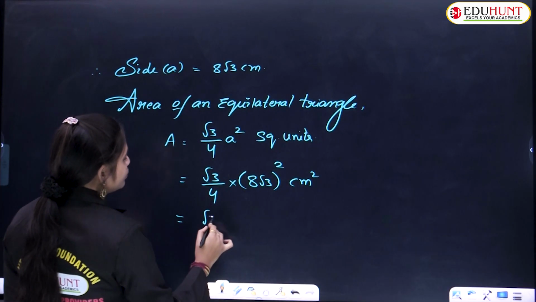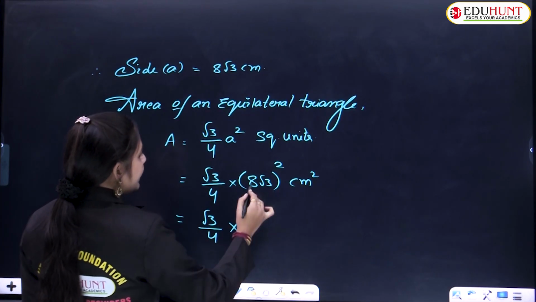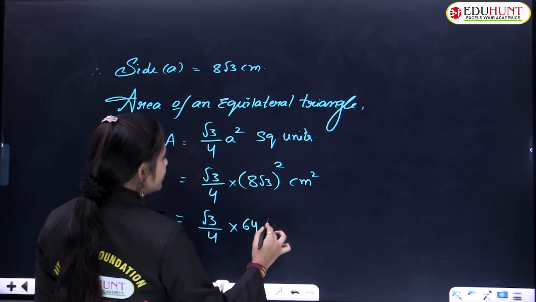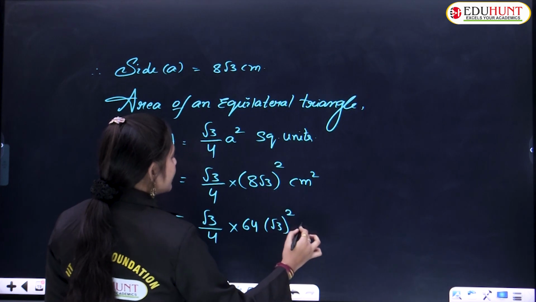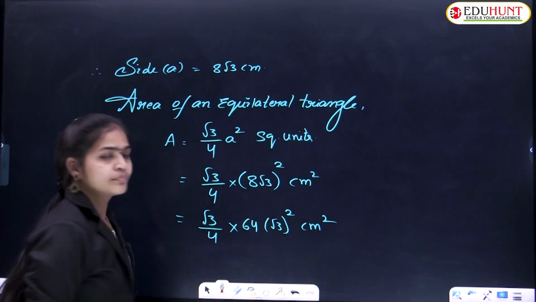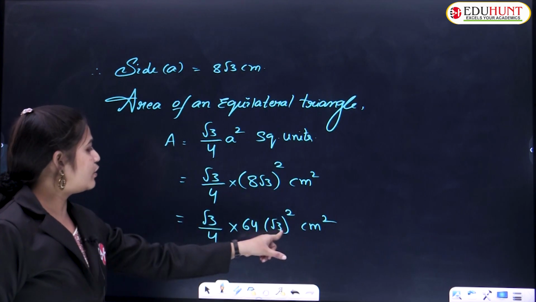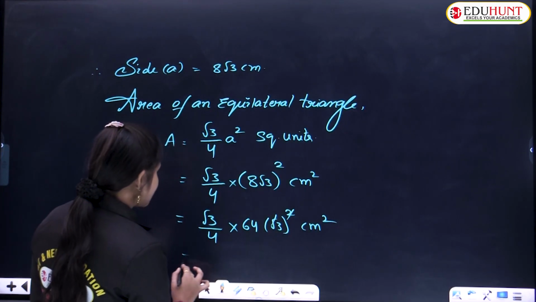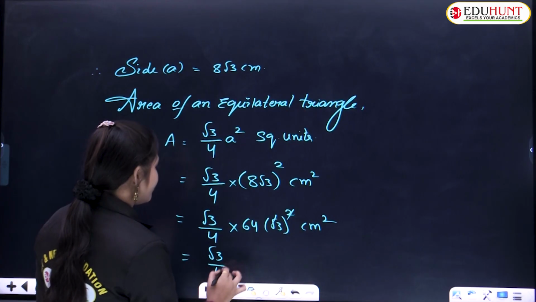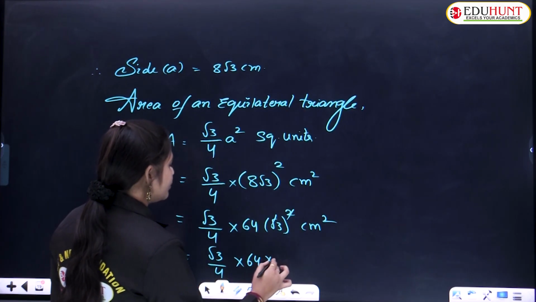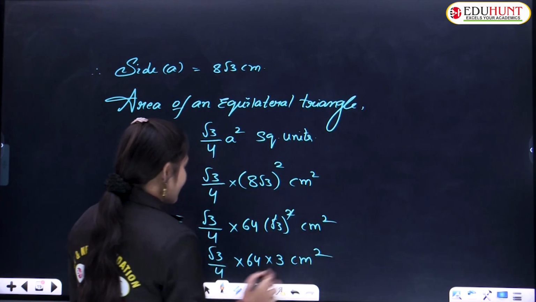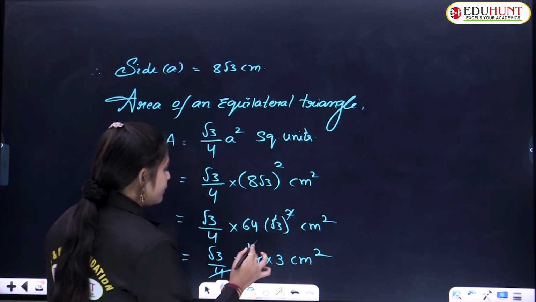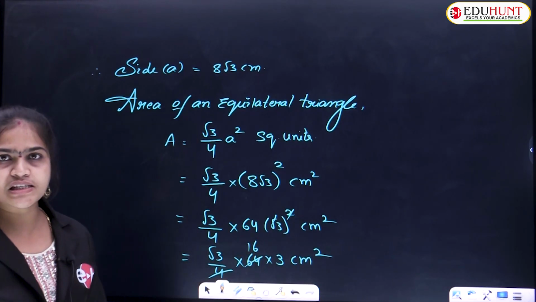Which is equal to root 3 by 4 into 8 square, which is 64, into root 3 whole square centimeter square. 8 square is 64. Square and root get cancelled, and here root 3 by 4 into 64 into 3 centimeter square. Cancellation, 4 16s are 64, no?